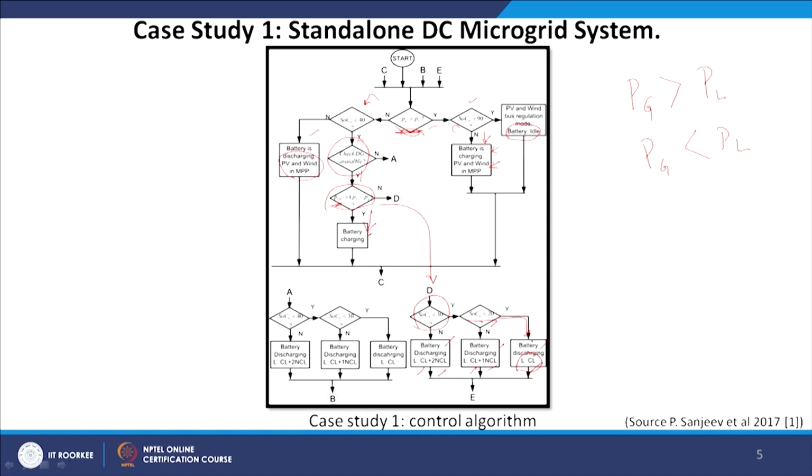So, please understand the algorithm is such that we try to understand the situation of the system. If my generation is more than the load, then I can start charging my storage, but before charging the battery, I have to see the state of my battery.